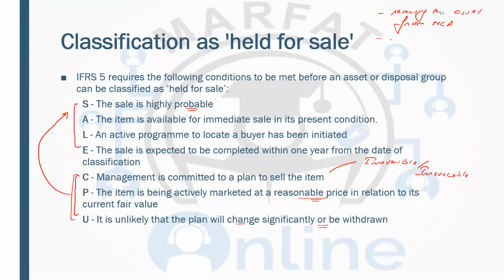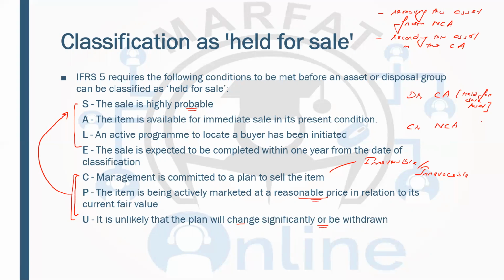The second thing is that you will be recording this asset in the current assets. So what you're going to do is debit the current asset. And remember, within the current assets, we'll be making a separate head for it, which is held for sale asset. The credit will be the non-current asset because you are going to remove it.